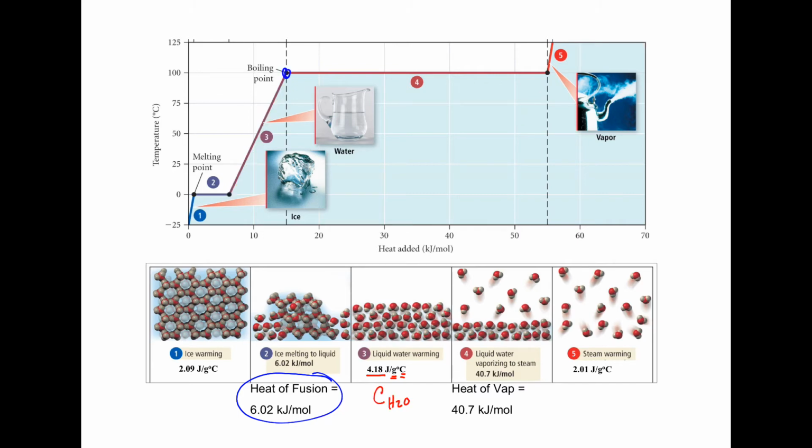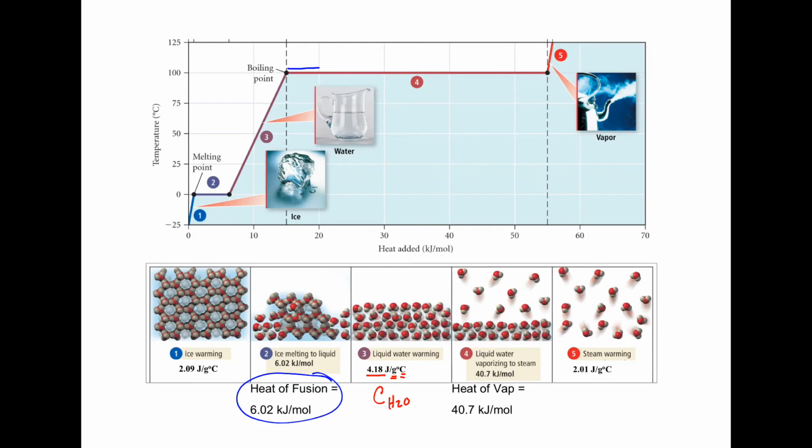Up here, when you've heated up the water until it's reached its boiling point, at this place here, what we're going to do is we're going to take liquid water and we're going to turn it into gaseous water. So we're taking liquid and we're making it into a gas, and once we've reached this point, all of our sample is a gas.